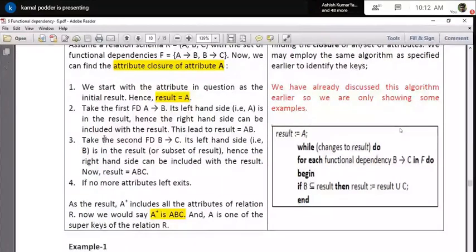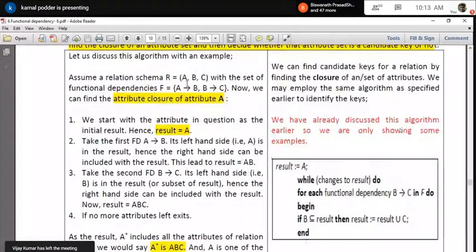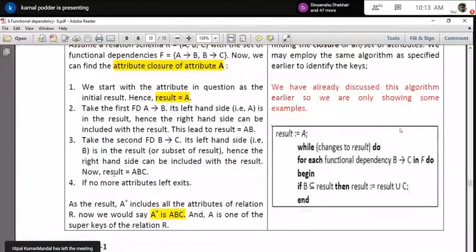Now if you check this, B is already there. If B is there, then you include the C also. So there is no other attribute left. A, B, C, these are the three attributes, everything has already been included.